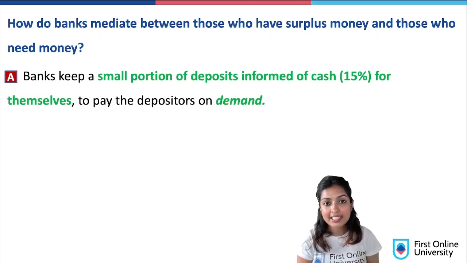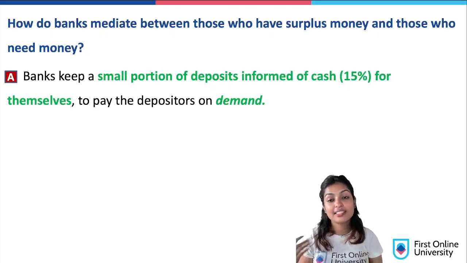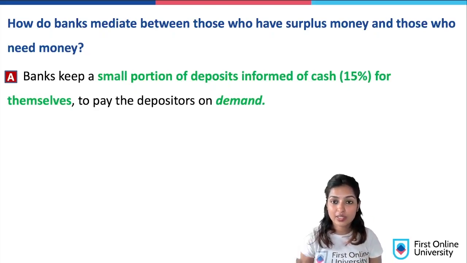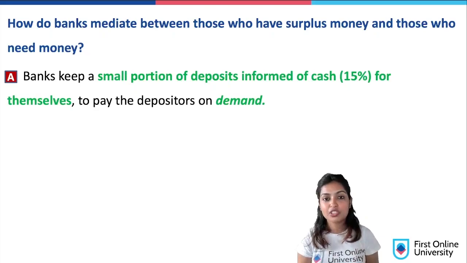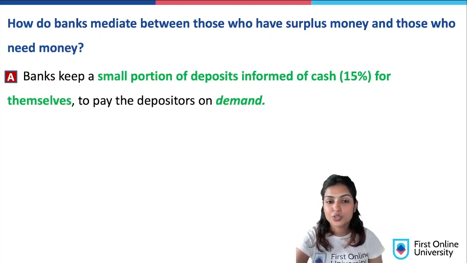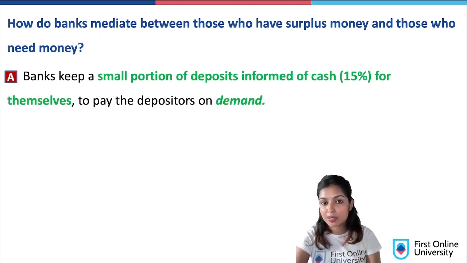And the rest, the 85%, is given out as loans. Why is this 15% kept? This 15% is kept for those depositors who suddenly come for an emergency to the bank and demand those deposits to be given back to them. So this 15% is kept as a buffer.